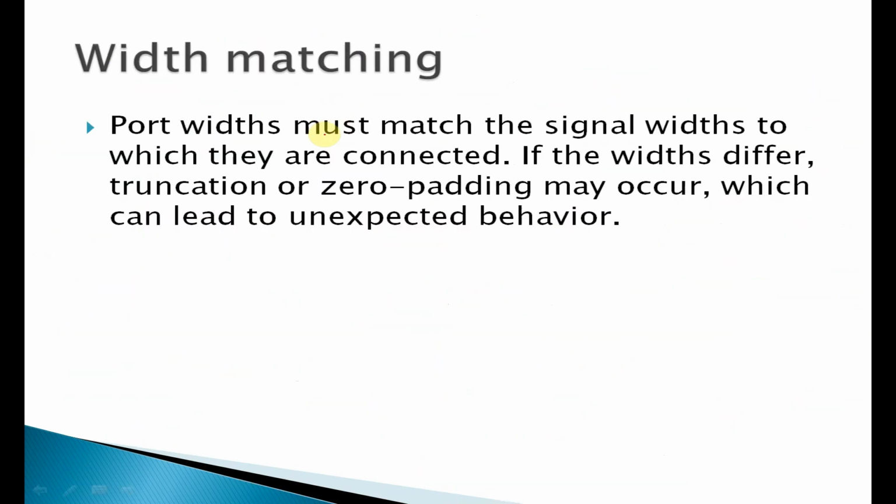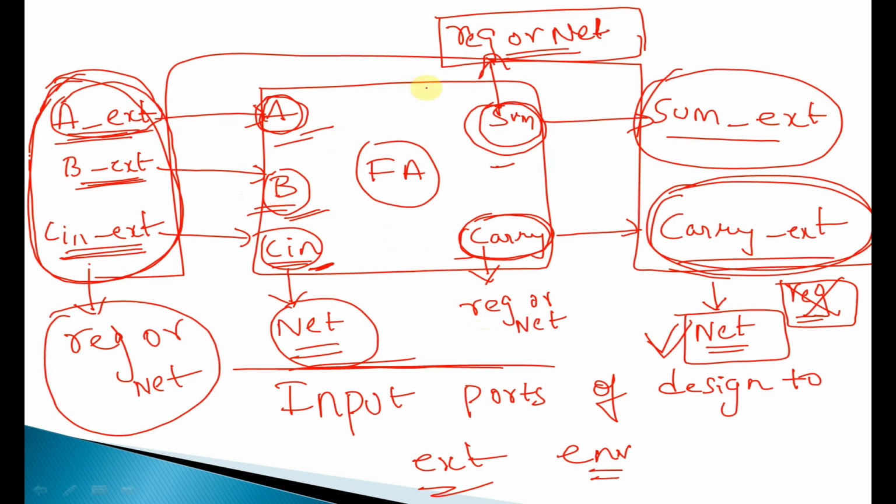Coming to width matching, port widths must match the signal widths to which they are connected. If the widths differ, truncation or zero padding may occur, which can lead to unexpected behavior. For example, in this diagram the width of the internal ports A, B, and C is 1, but externally the width is 3 bits.